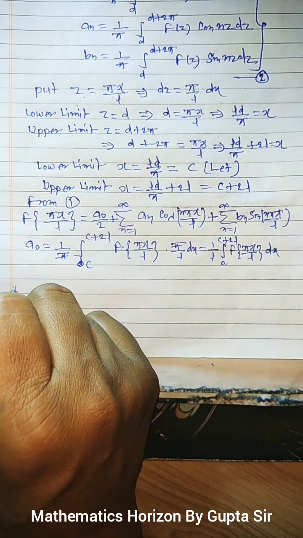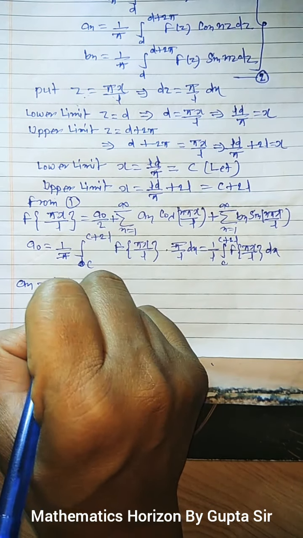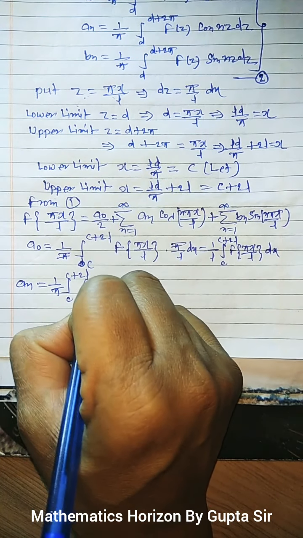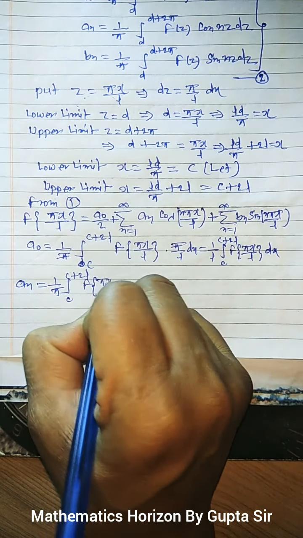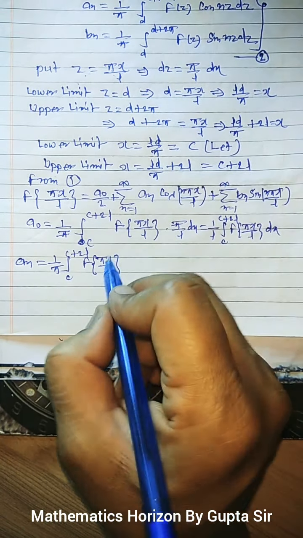Now what is the formula for an? An equal to 1 upon pi integral from c to c plus 2L of f(pi x upon L) and cos nz.